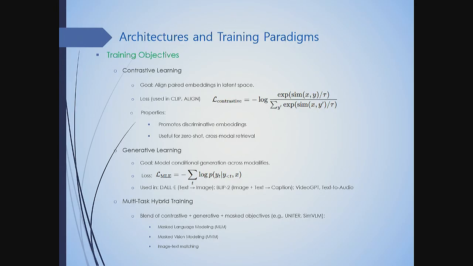If you use contrastive learning, which is a self-supervised method, you can also achieve multimodality. You can express the loss function like that, and it promotes discriminative embeddings, and you can use zero-shot or cross-modality retrieval. And then for generative learning, the goal here is to model conditional generation across modalities.